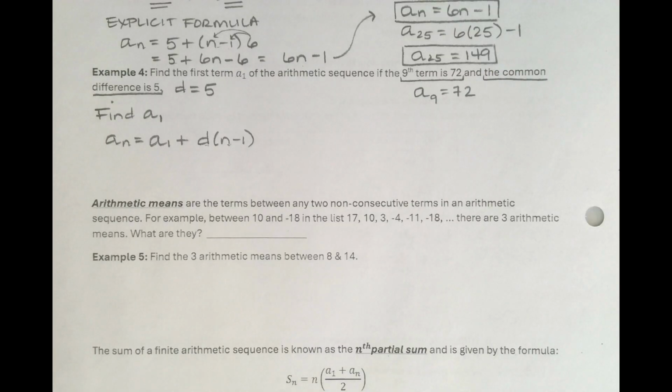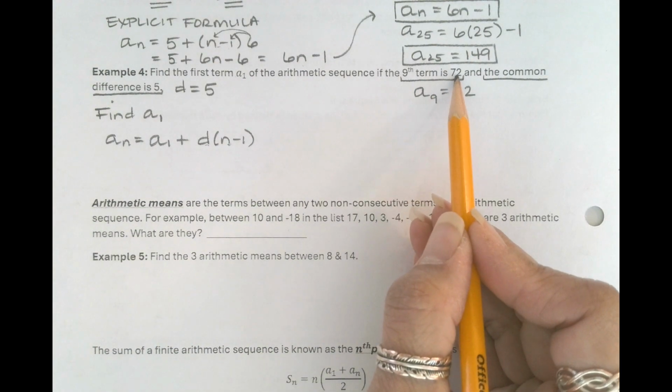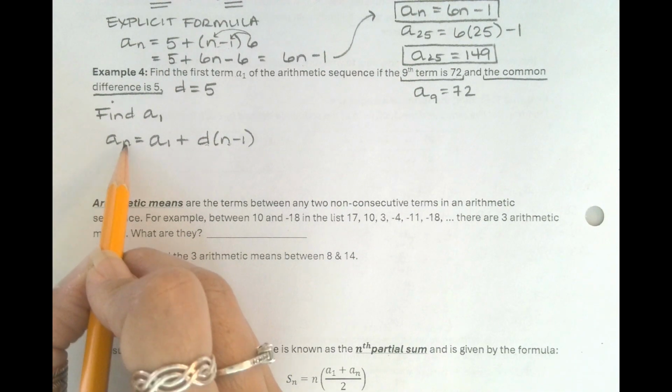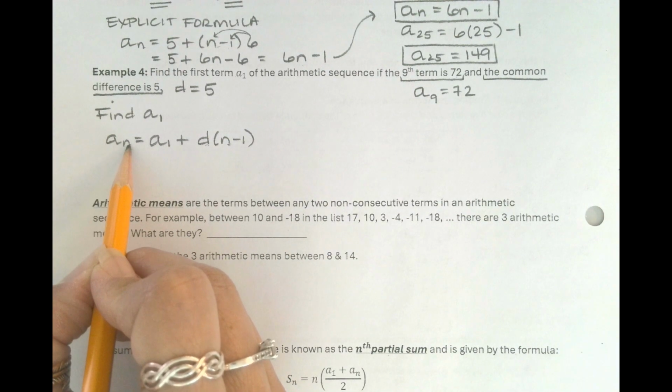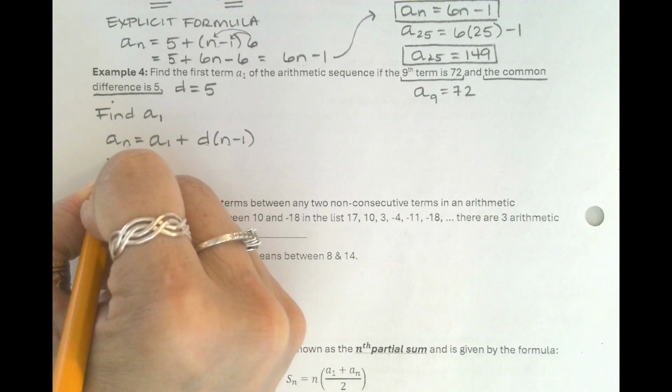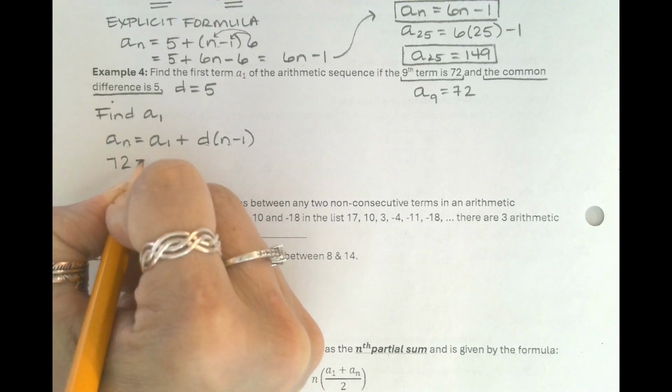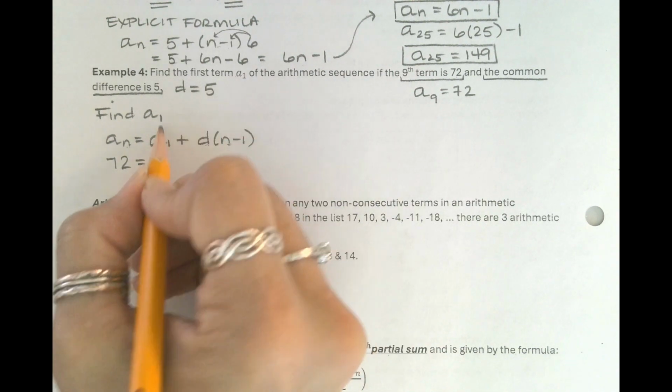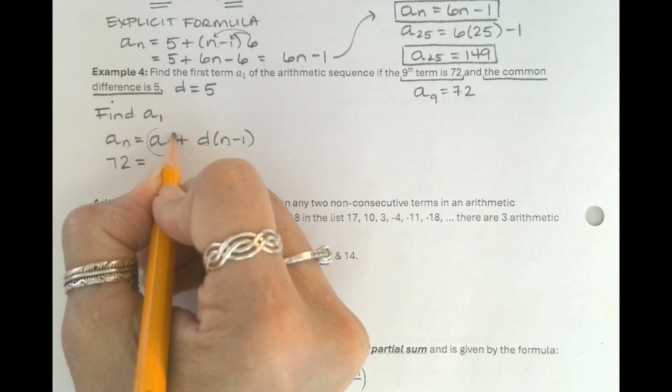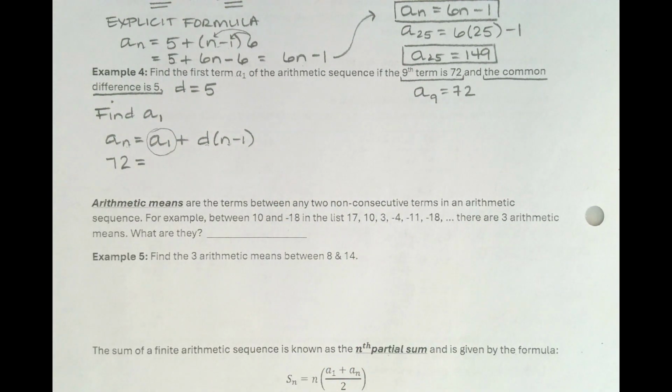In this problem, they gave us the ninth term to be 72. So A9 is going to be 72. A1 is our unknown. I'm going to circle it because A1 is what we're looking for.